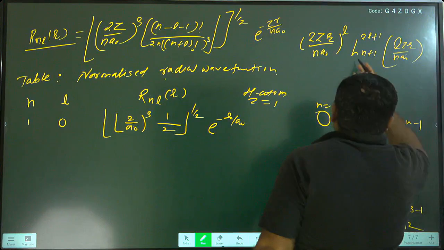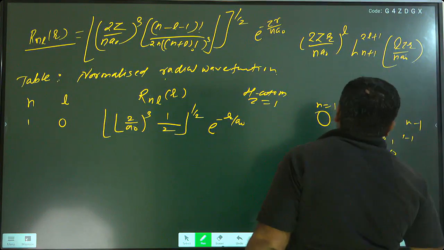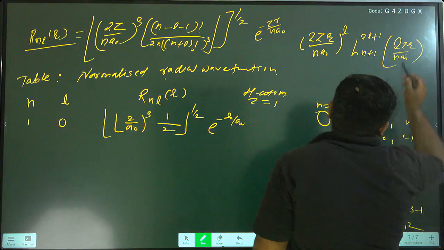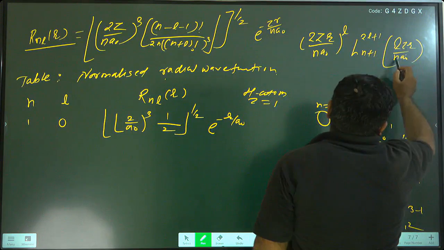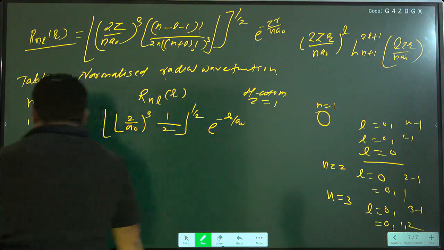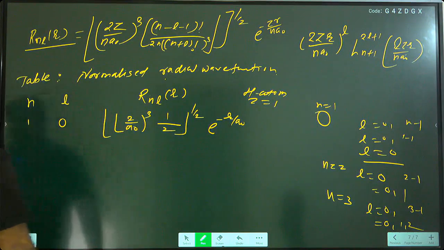This one is capital L, huh? Capital L bracket is 2L plus 0, means this is equal to EL, okay, and this is equal to how much? Z is equal to 1, N is equal to 1, this one becomes 2, okay, then this is equal to how much then?